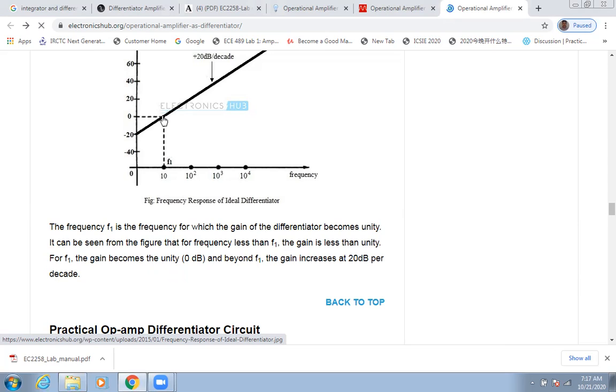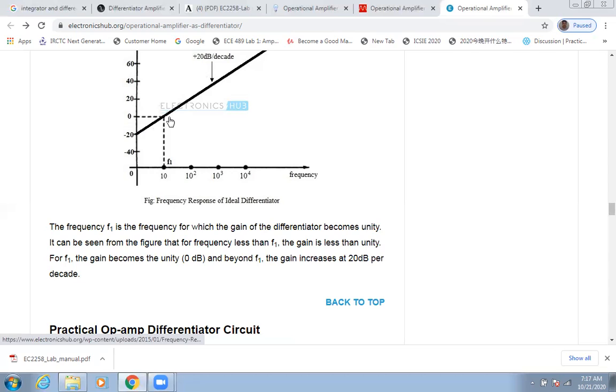It can be seen from the figure that for frequencies less than f1, the gain is less than unity. At f1, the gain becomes unity, that is 0 dB, and beyond f1, the gain increases at 20 dB per decade.